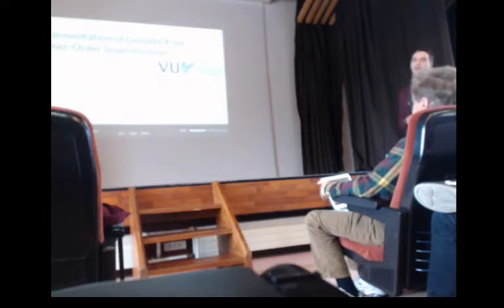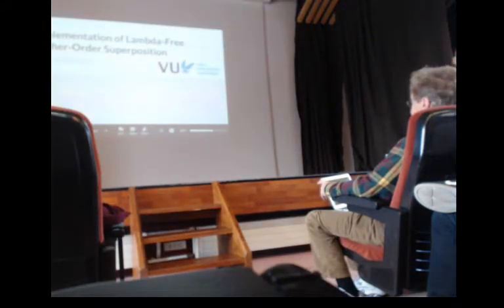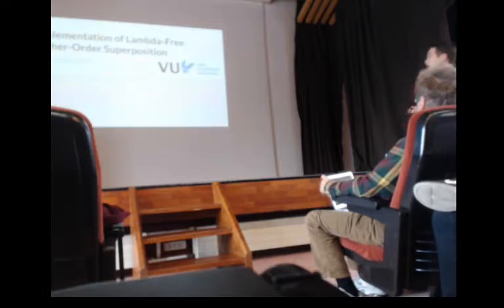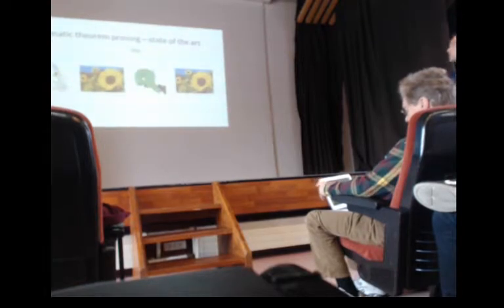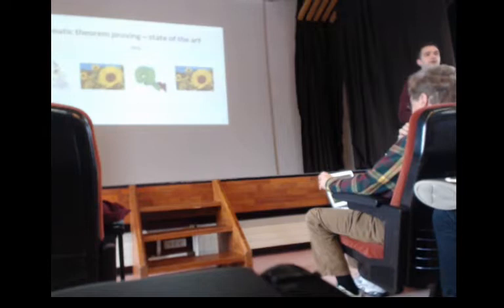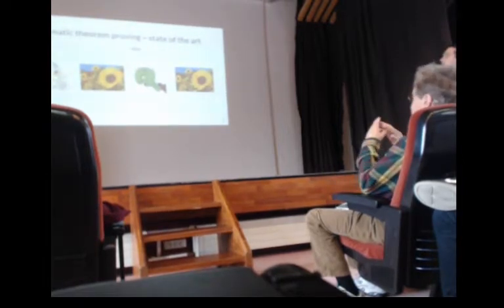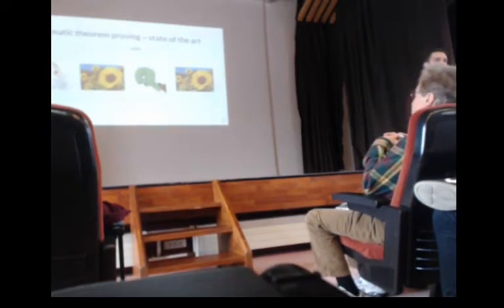Okay, so as disclosed, today I will be talking about something a little bit different. I will be talking about implementation aspects of extending a first-order theorem prover to a richer fragment of higher-order logic. Automatic theorem provers, as you might know, are tools that are used to prove theorems without any user's assistance. The current state of the art is that first-order provers are much more mature and faster. However, they are based on less expressive logic.